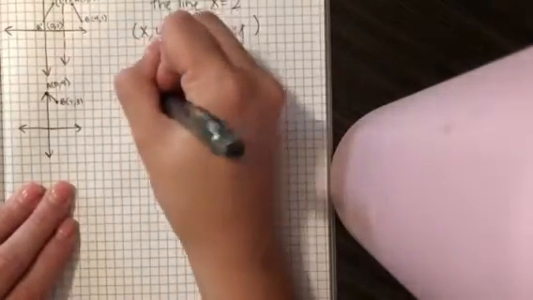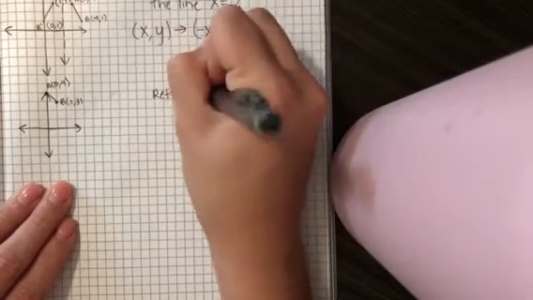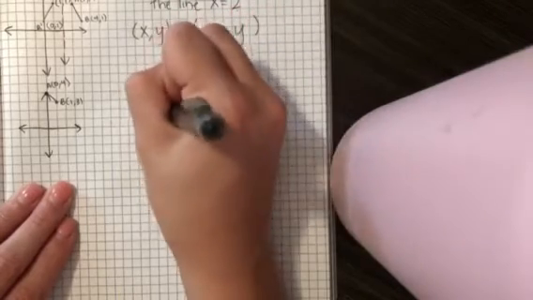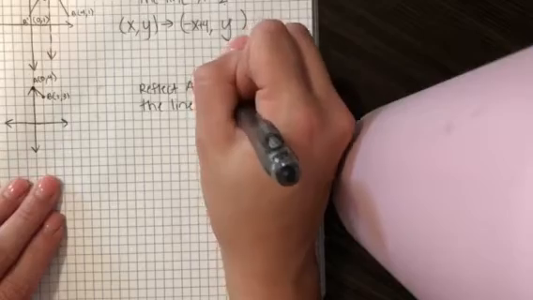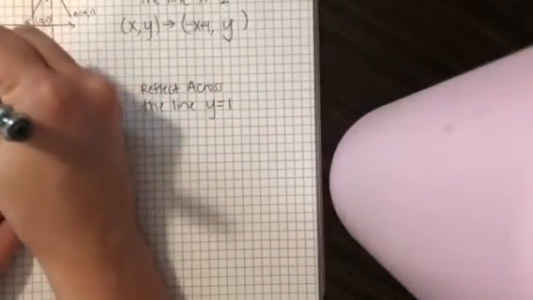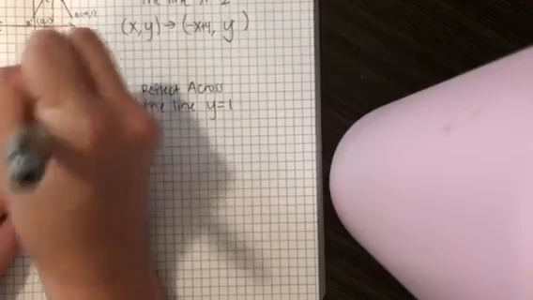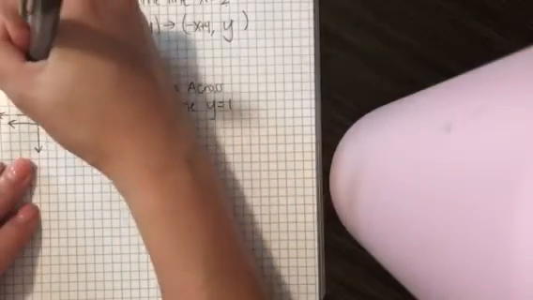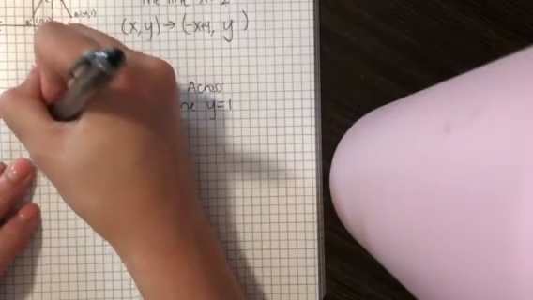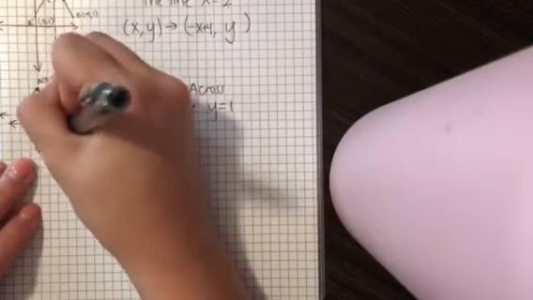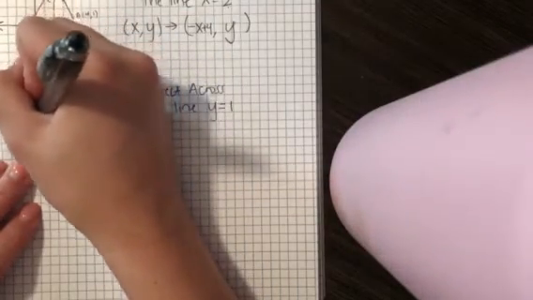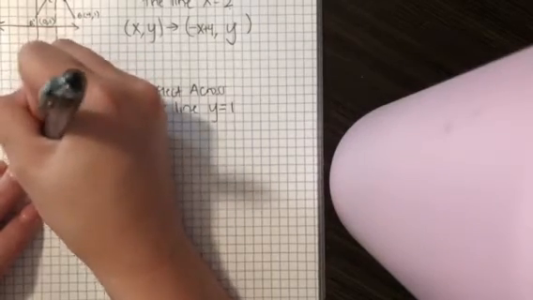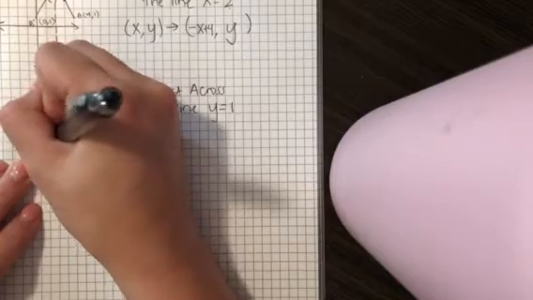Okay, we're going to reflect across the line y equals, let's do 1. Okay, so if we graph that line, that'll be a horizontal line here. And we're just going to use our counting technique to find B prime, which looks like that's at (1, -1), and A prime, 1, 2, 3, 1, 2, 3, looks like that's at (0, -2).